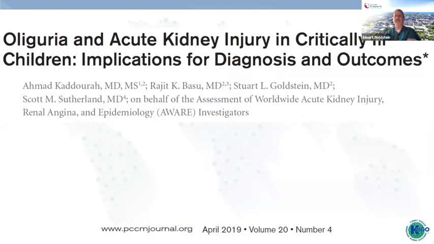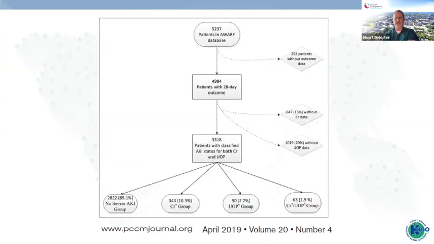Now, in the AWARE study, again, the pediatric study, we assessed the effect of urine output criteria on 28-day mortality in pediatric acute kidney injury. So again, we started with 5,200 patients in the AWARE database, and ultimately we had 3,000 patients with a classifiable AKI status for both creatinine and/or urine output.